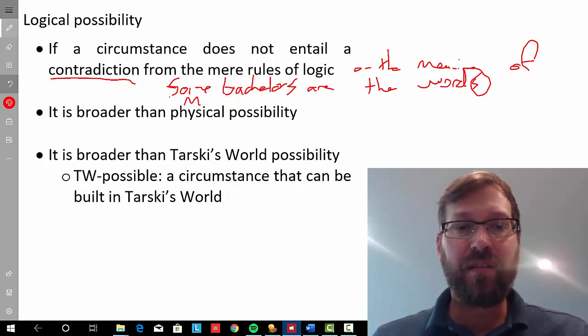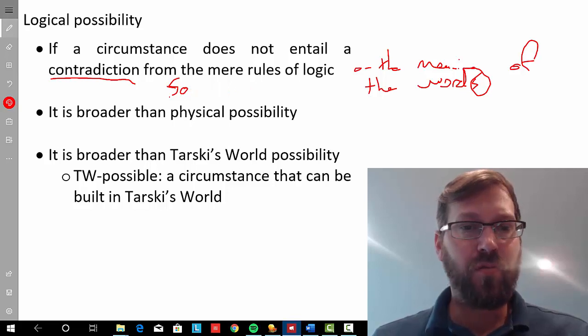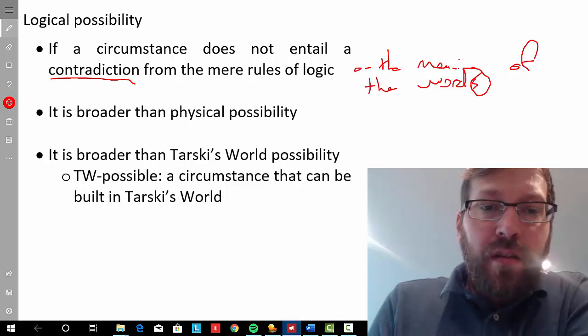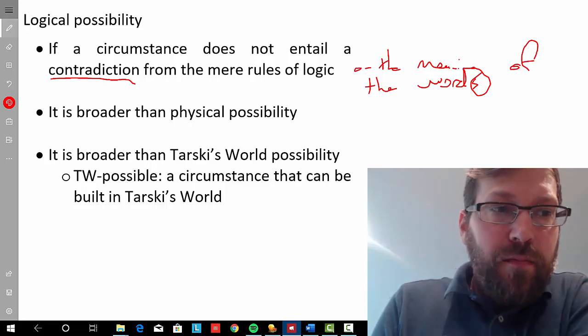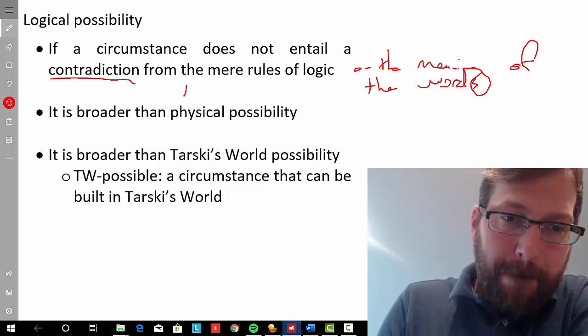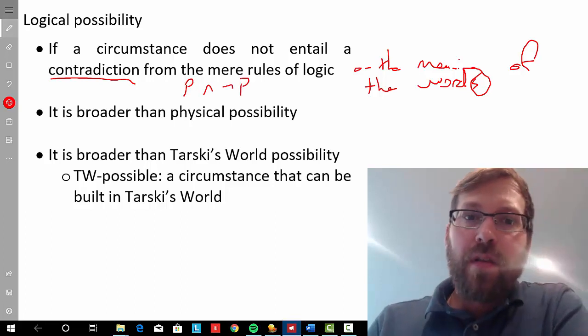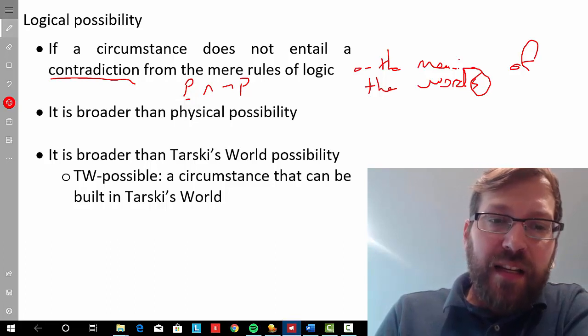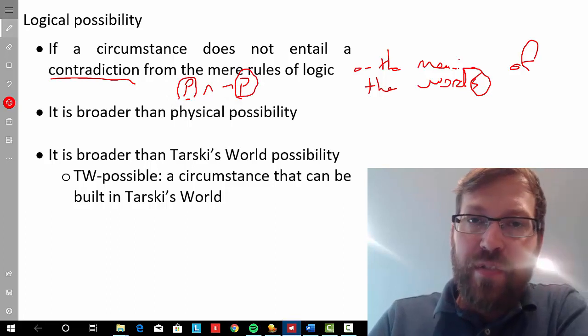Or we can consider a different one, where we just rely on some of the rules of logic. If I say P and not P, just thinking about this, we know that what I'm saying is this is true and the very same proposition is false because we have the negation out in front of it.